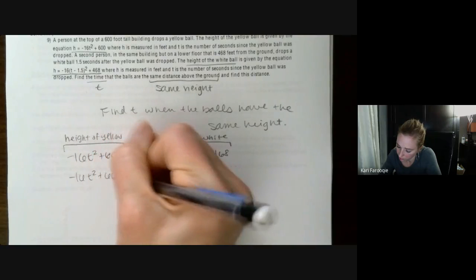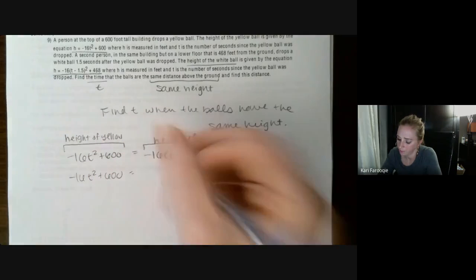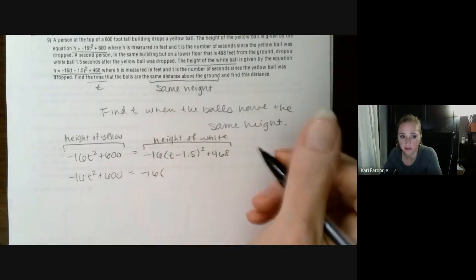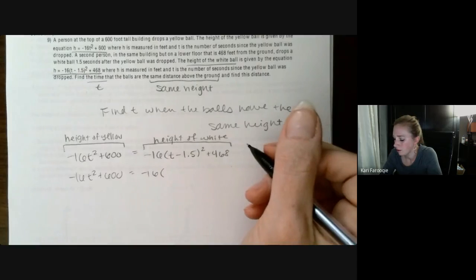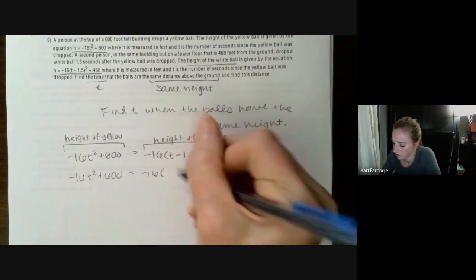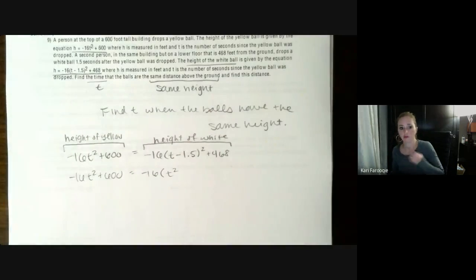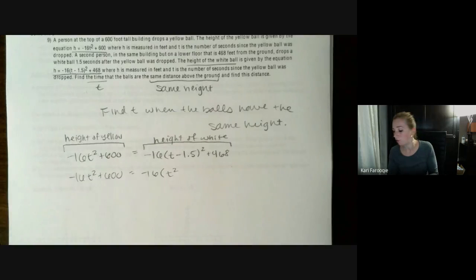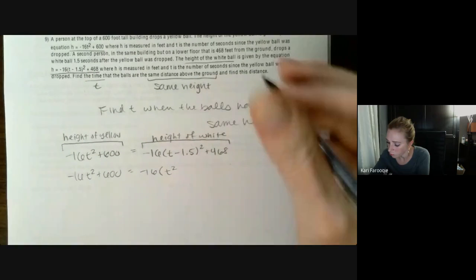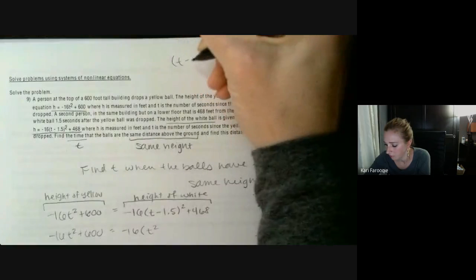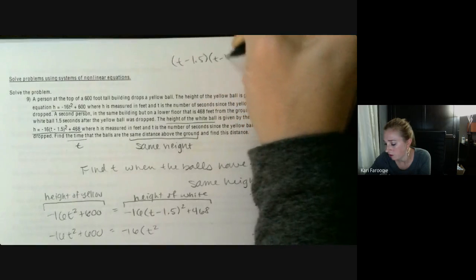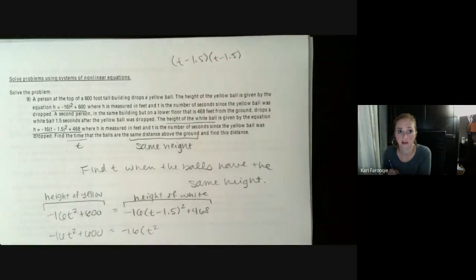Okay, so the left-hand side is going to stay the same. On the right-hand side, since I'm going to FOIL this, maybe I'll leave it as a decimal. I like to change to fractions, but whatever. So this is really t minus 1.5 times t minus 1.5. That's what I'm looking for when I square t minus 1.5.